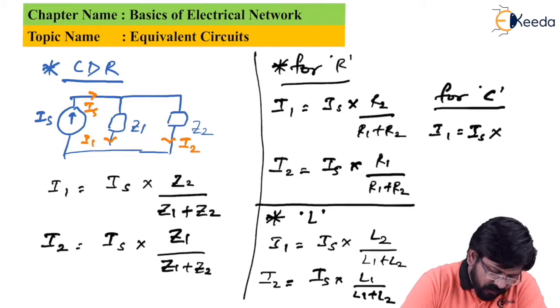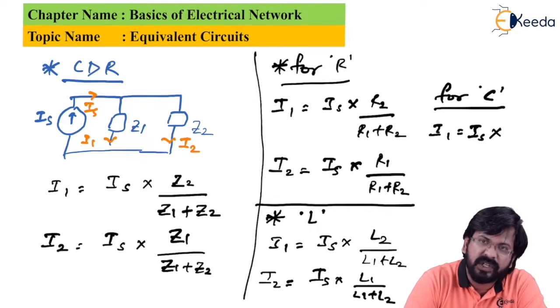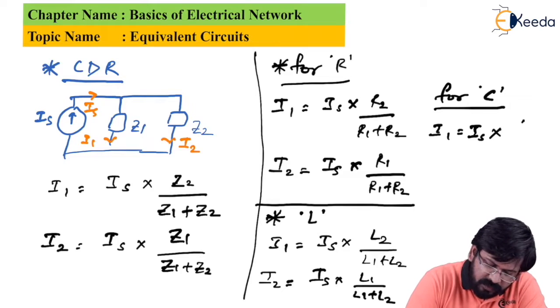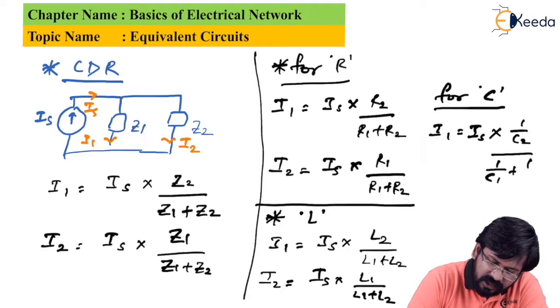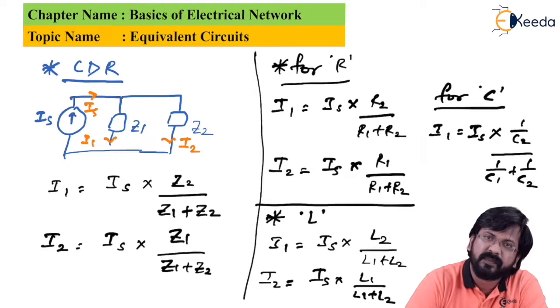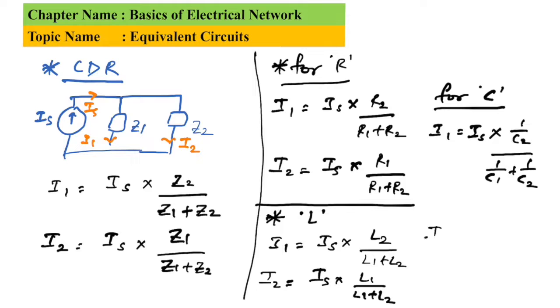For example, when I talk about I1, we don't consider Z1, we write rather Z2 here. But for Z2, we should replace Z2 with 1 upon C2 divided by 1 upon C1 plus 1 upon C2. Whereas I2 will be equal to IS multiplied by 1 upon C1 divided by 1 upon C1 plus 1 upon C2. So this is how we deal with a capacitor.